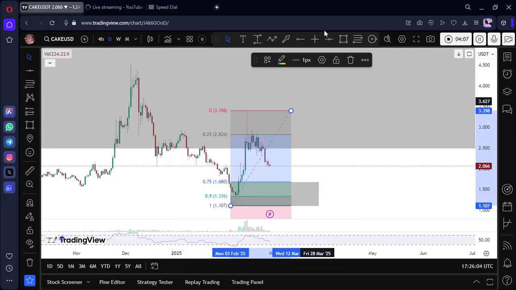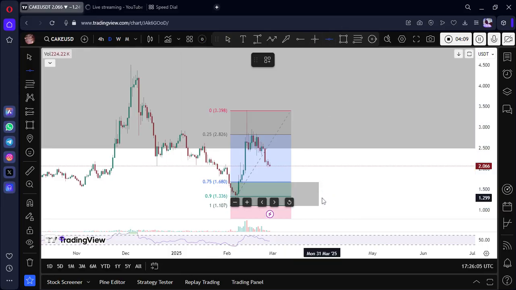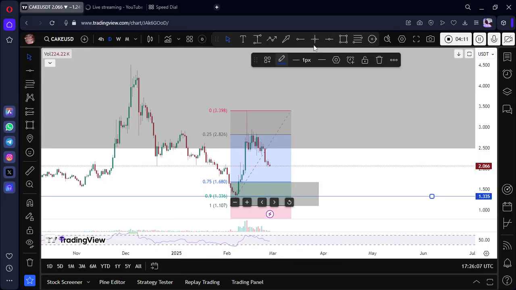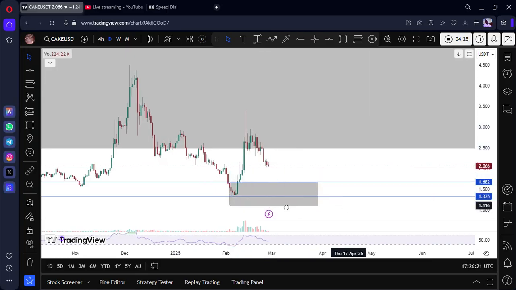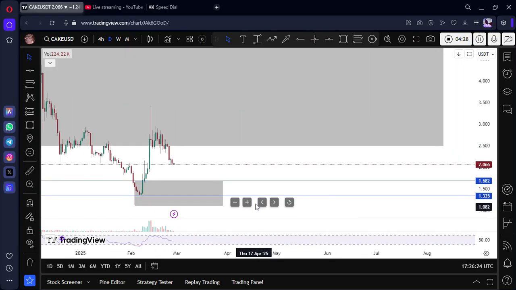Yes, so I'm going to also get this line here, and then another one here. So these are going to be my entry levels for CAKEUSDT.